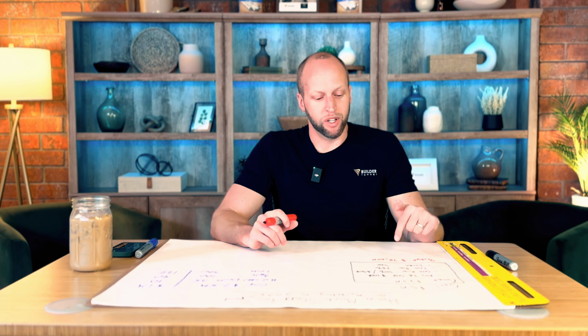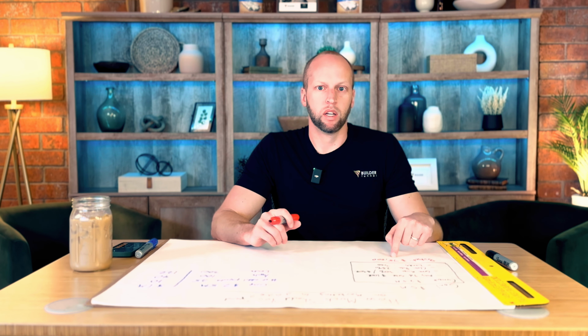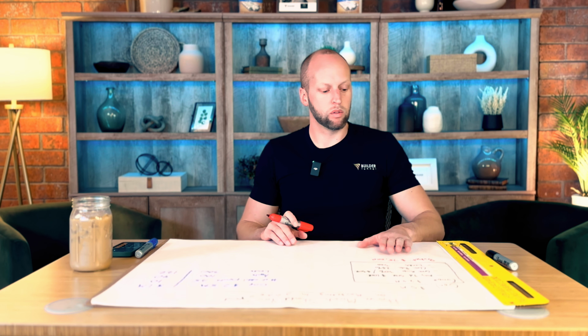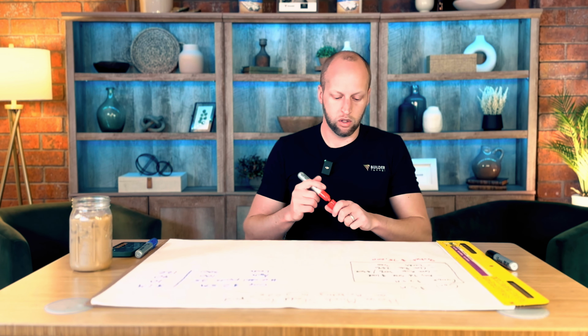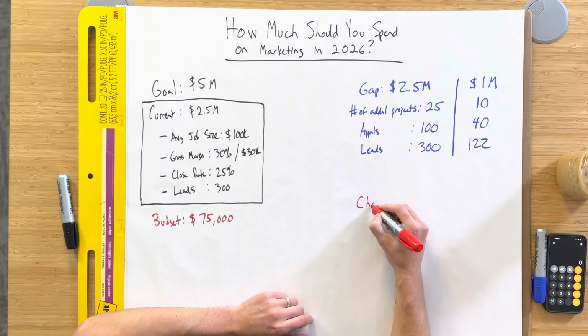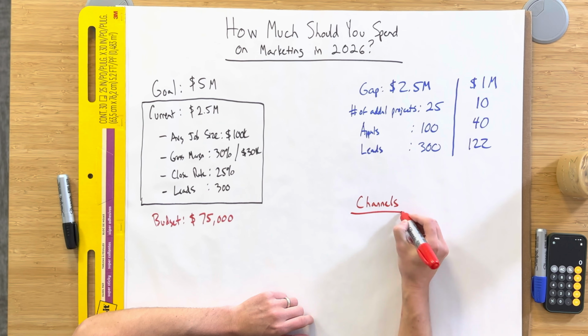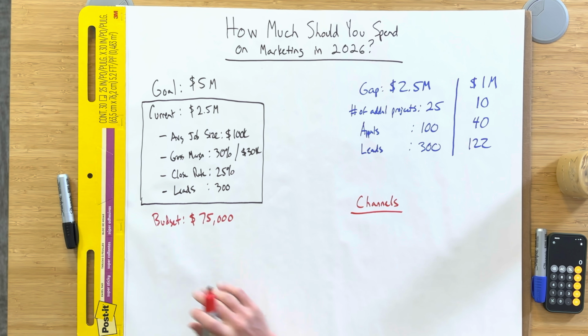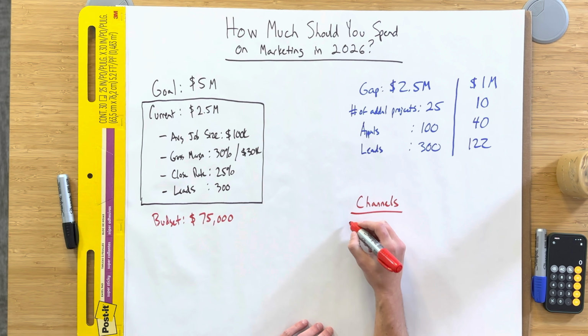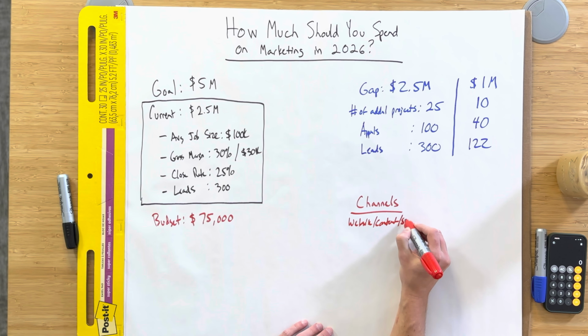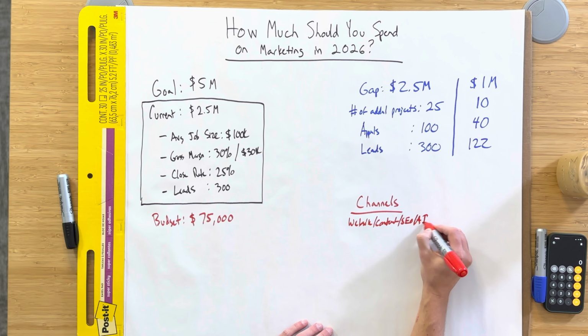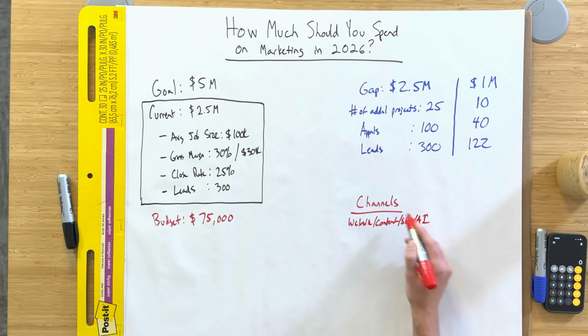That would be the very simplistic way to do it. Now, I did say if you were happy with how this budget got spent, this is the next step that we're going to break down. We're going to talk about how do we figure out, are we happy with this $75,000? And what you need to do is actually look at the channels. And so we're going to look at our budget of $75,000, and we're going to look at, okay, we did, we're going to call it website, content, SEO, AI, this bucket here, which is the content engine bucket.